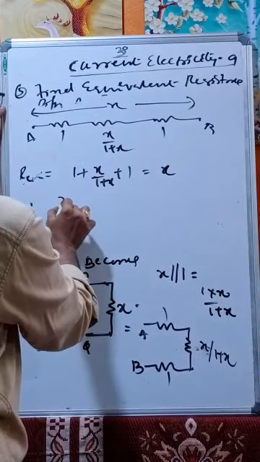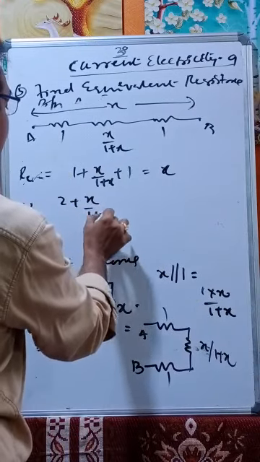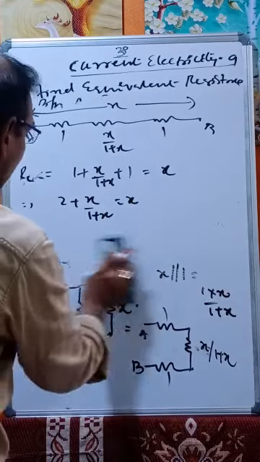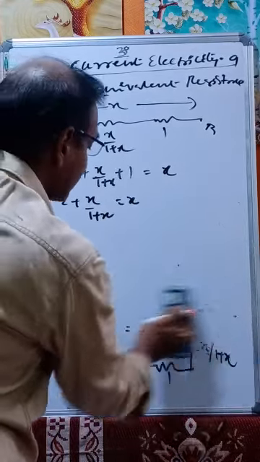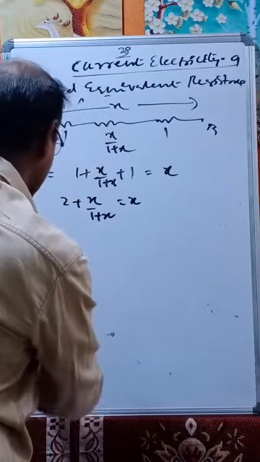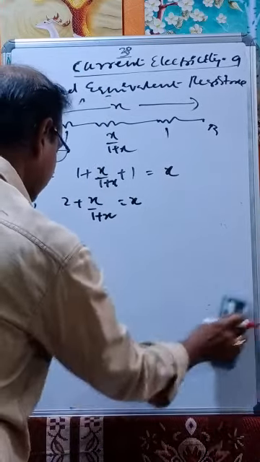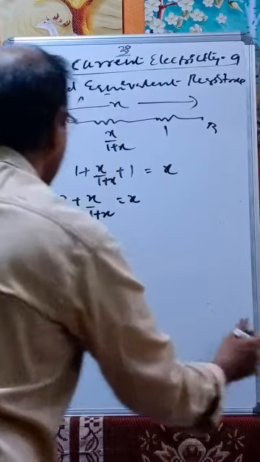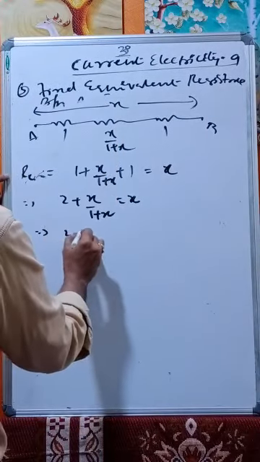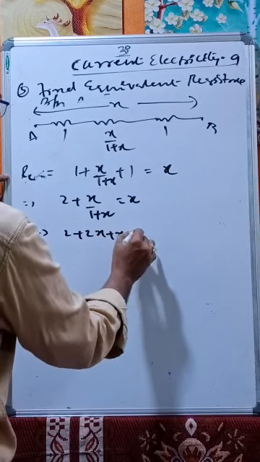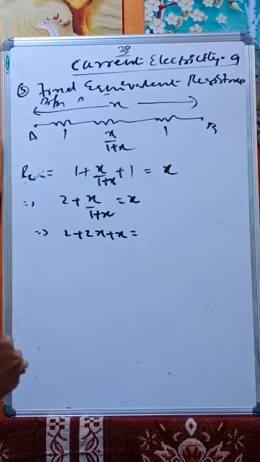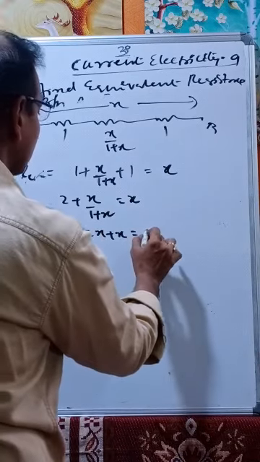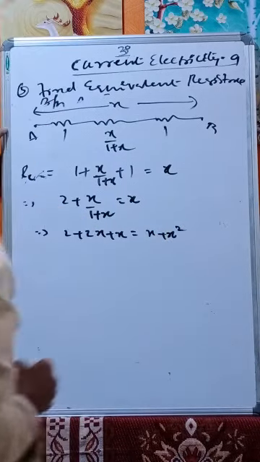This implies 2 plus x by 1 plus x is equal to x. This implies 2 plus 2x plus x, that is 2 plus x is equal to x plus x square.